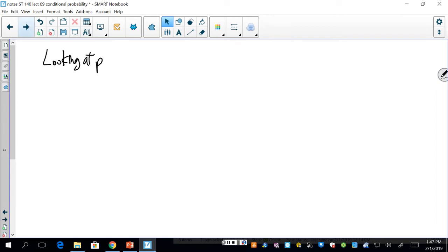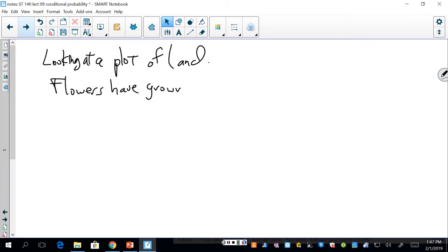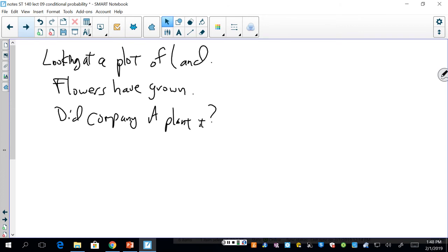The flowers have grown, they look beautiful. Did company A plant it? What's the probability that company A is responsible for this, given that it's growing?